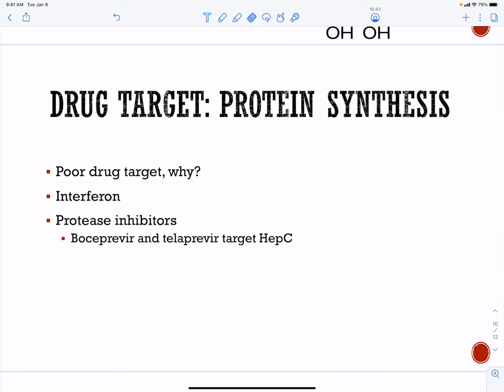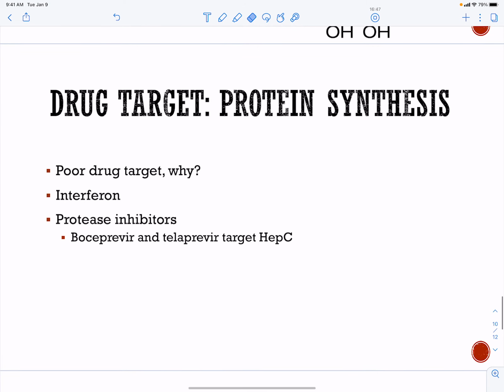Now, to target protein synthesis, this is going to be a poor target because our cells need it. And even though interferon is made after a virus infection by our cells to protect our cells against the virus making their own proteins, this could eventually kill our cells. So interferon was treatment for hepatitis C patients in the 90s, and it had some very severe side effects.